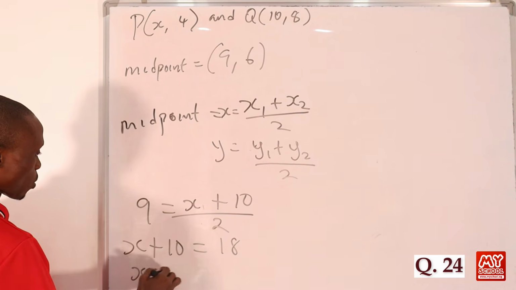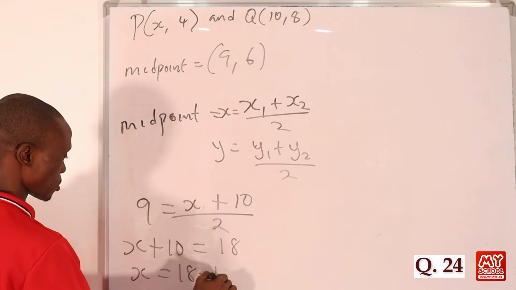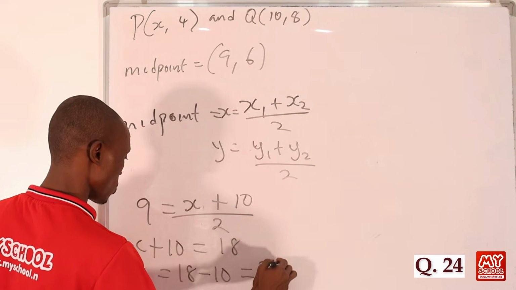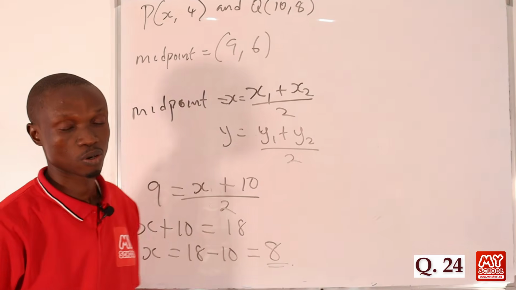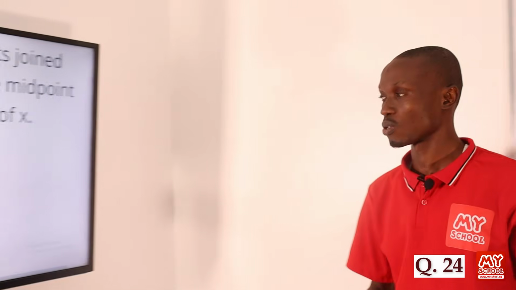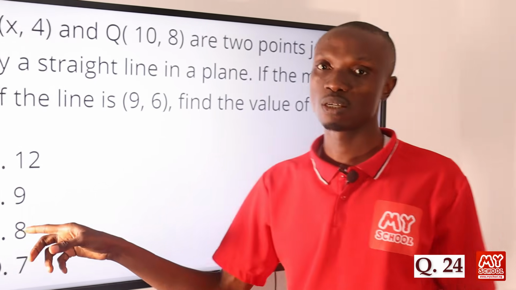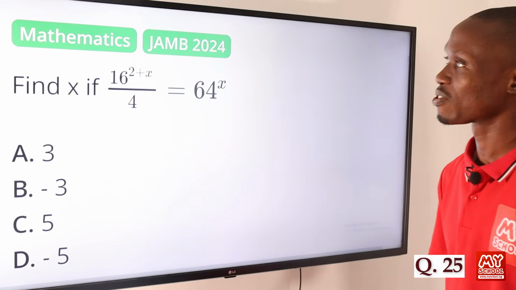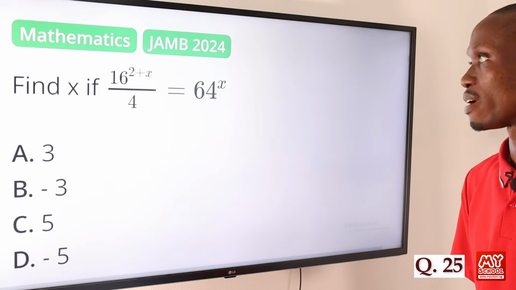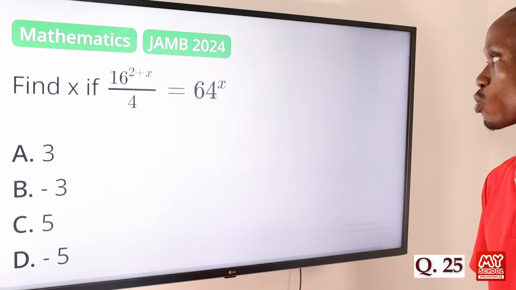So x now becomes 18 minus 10, and that will be equal to 8. Okay, so let's return back to the screen to pick the correct answer to this question, and that is option C, 8.